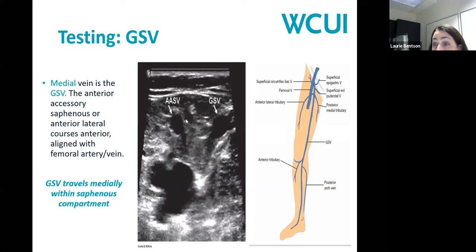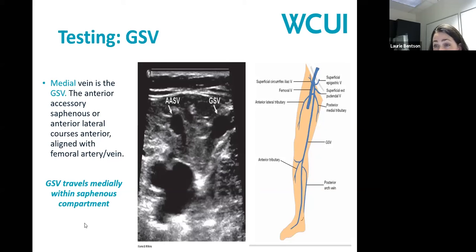This vessel is running more anteriorly, anterior to the deep artery and vein, whereas the saphenous vein is traveling more medially down the leg. We can follow the saphenous all the way through to the medial malleolus. The anterior accessory vein typically remains within the thigh.